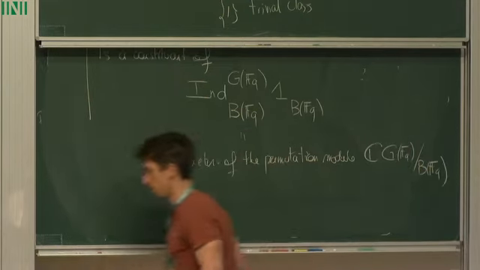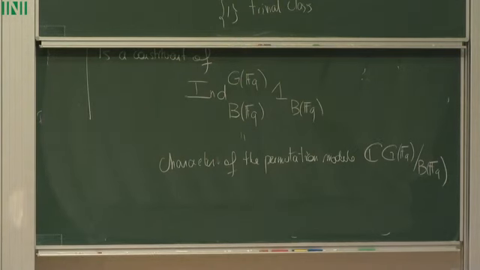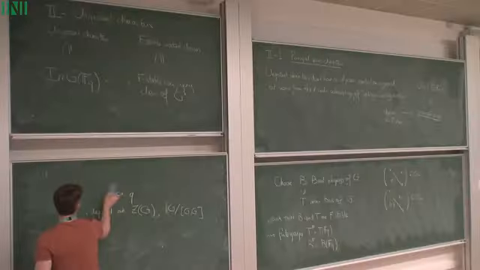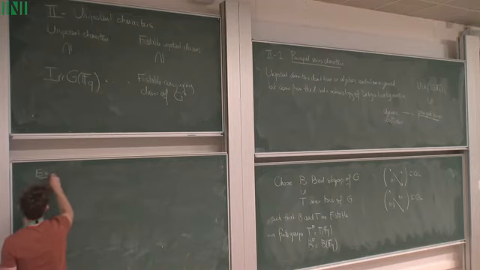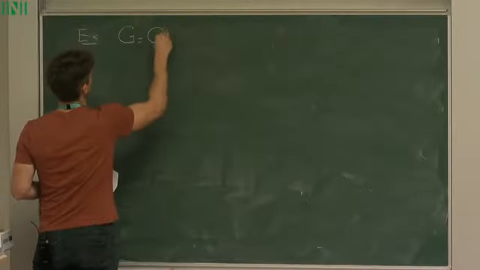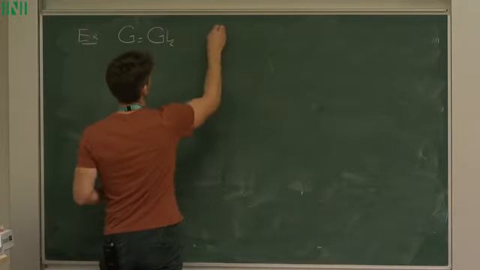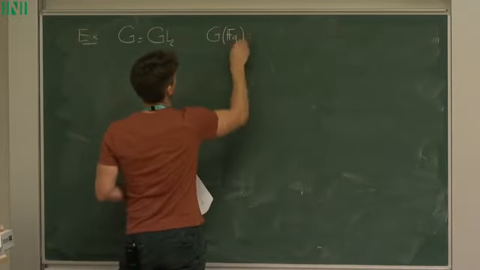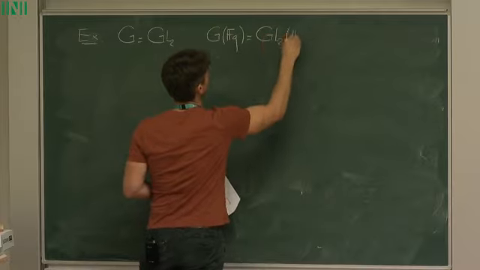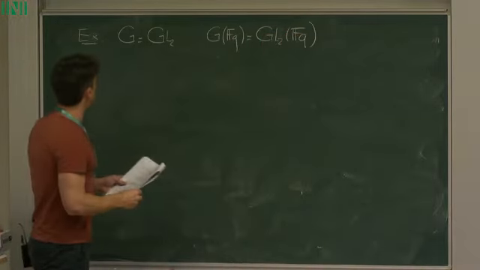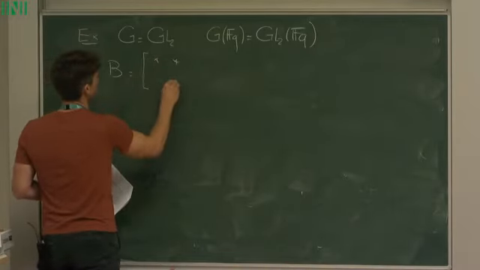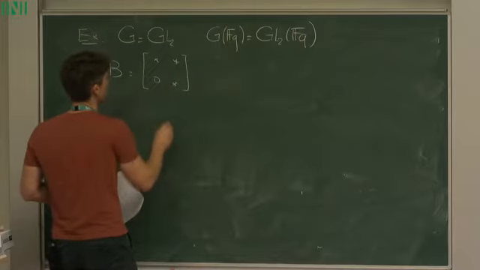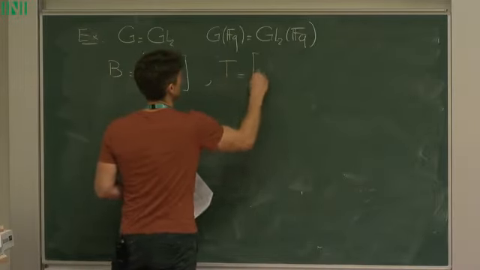Maybe a quick example. The smallest non-trivial example is GL_2. The standard Frobenius, so G^F is going to be GL_2(F_q). B is the set of 2 by 2 invertible upper triangular matrices, and T the 2 by 2 diagonal matrices.